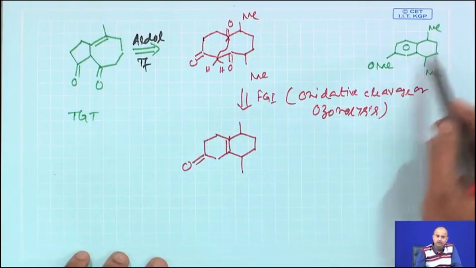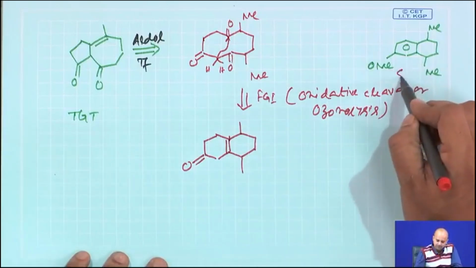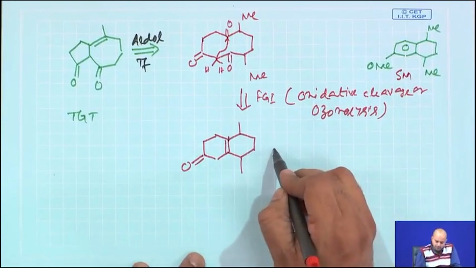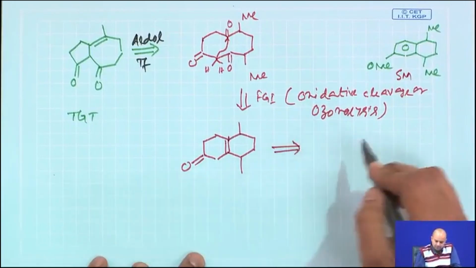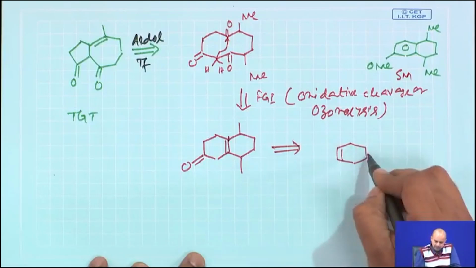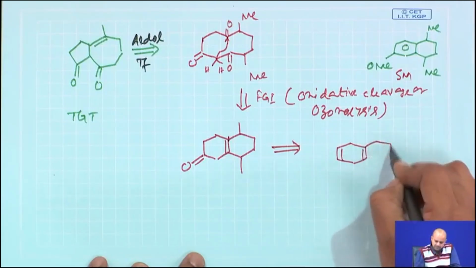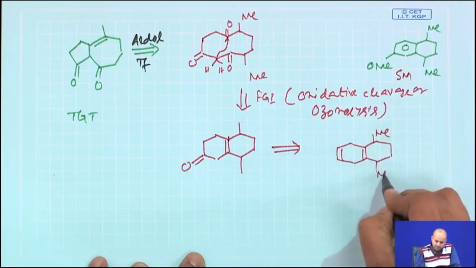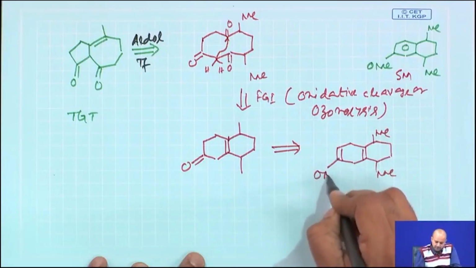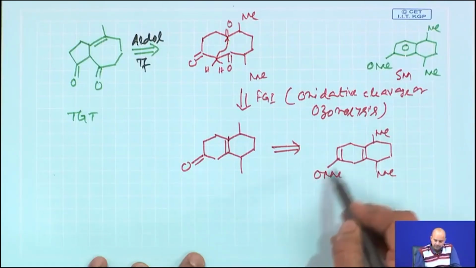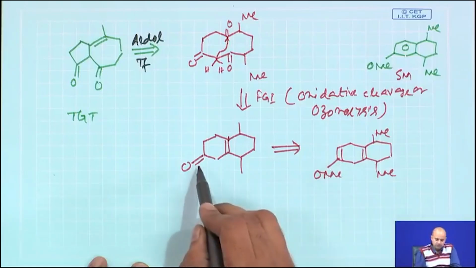Now, try to correlate with this starting material, which was given here. This reminds you that if you have this kind of compound undergoing enol ether hydrolysis, it can give you this kind of ketone.